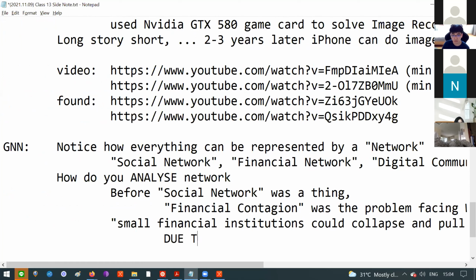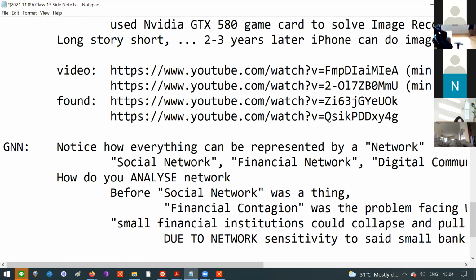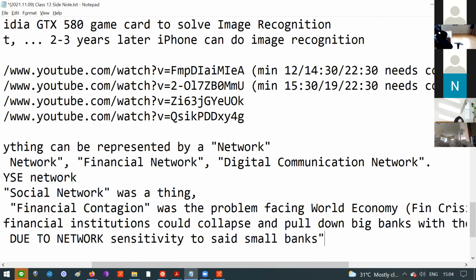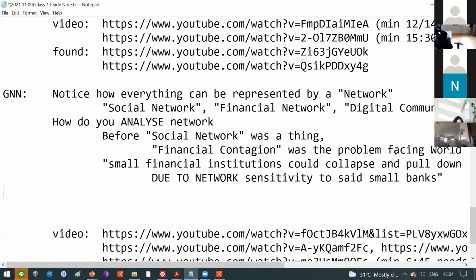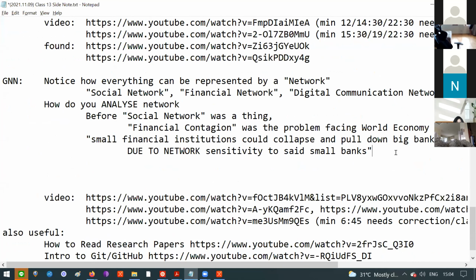Due to the network's sensitivity to failure. Okay? In other words, banks were lending to each other. So it's a network of financial connection. But the big banks can be pulled down by small banks.